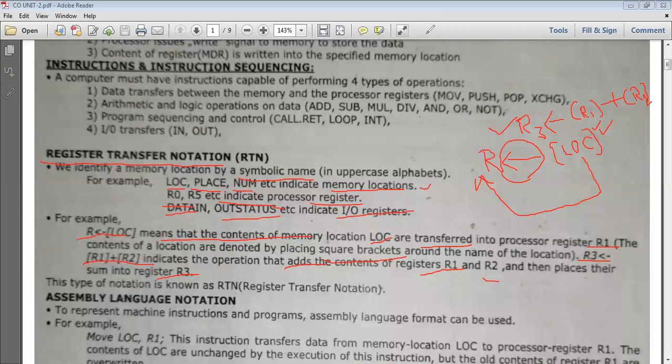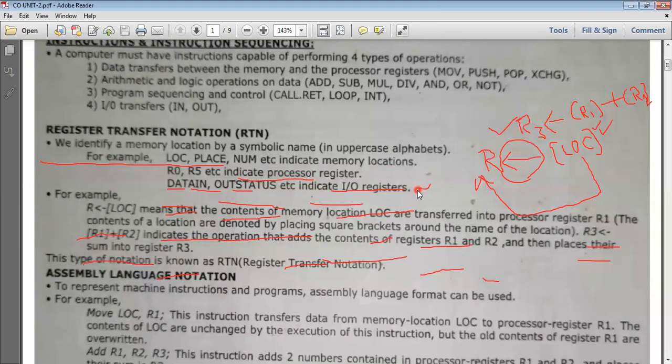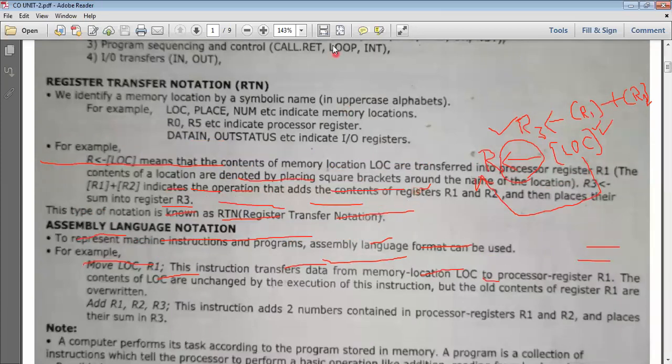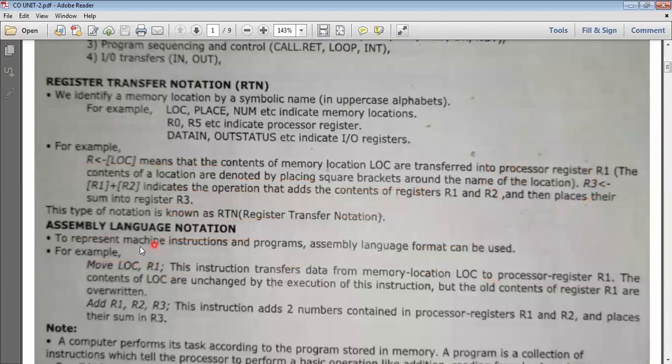The next one is assembly language notation. What is meant by assembly language generally? Whatever program is developed by the user is called an assembly language program.